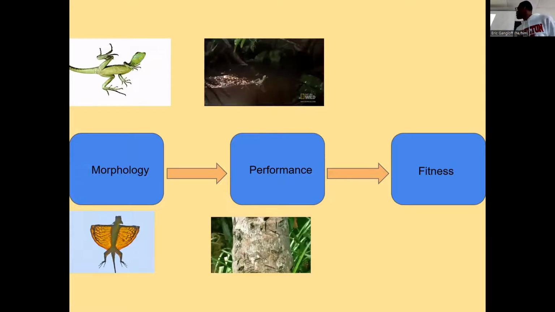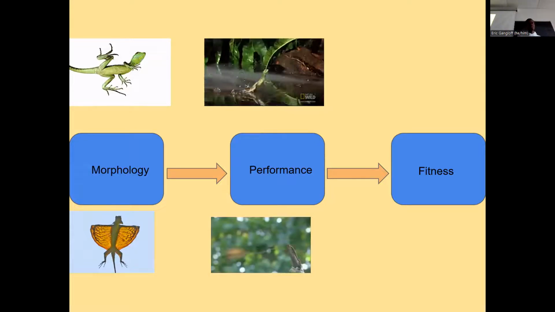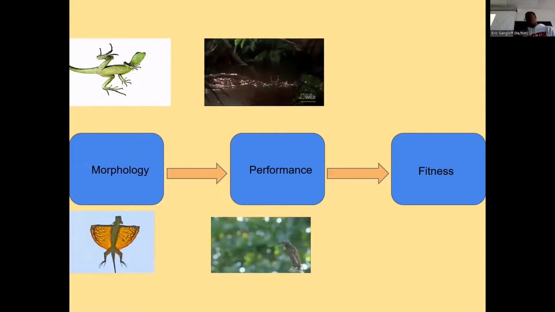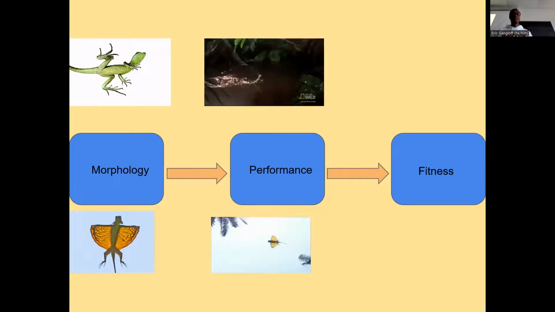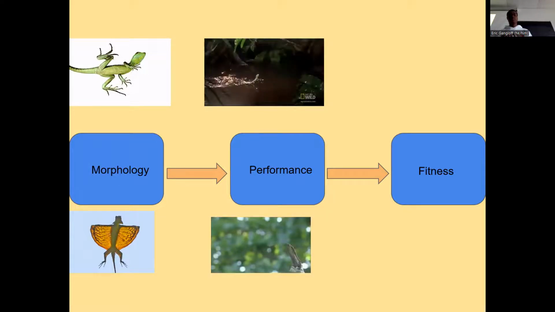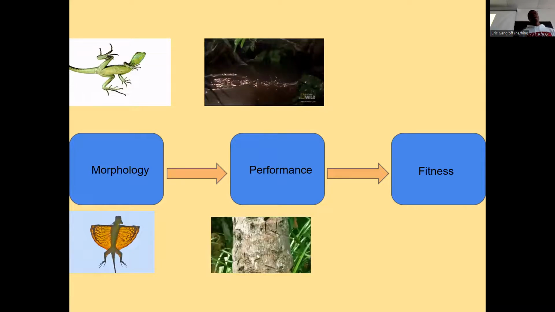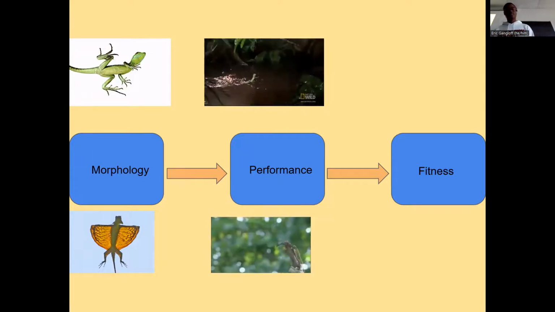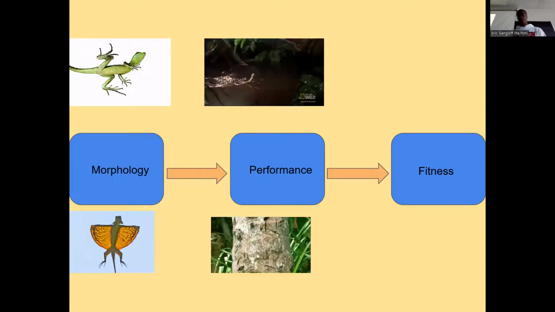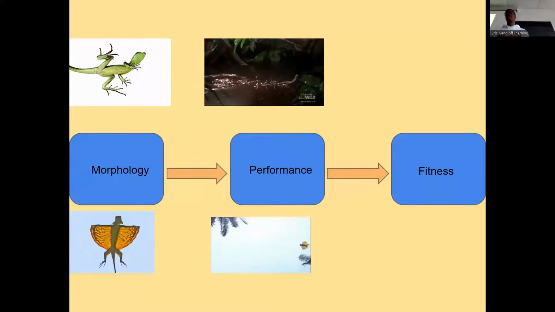All right, cool. So performance is just how an organism carries out tasks in its environment. And so we can see on the top here, the basilisk lizard running across the surface of water. And on the bottom, a Draco lizard gliding through the treetops. So body structure, or morphology, influences performance, or the way that these organisms carry out tasks.